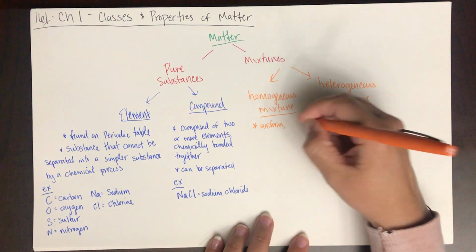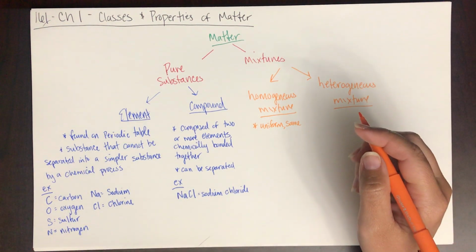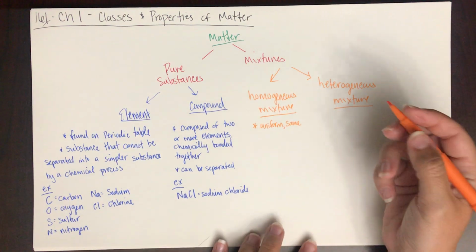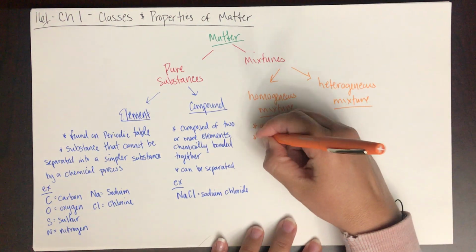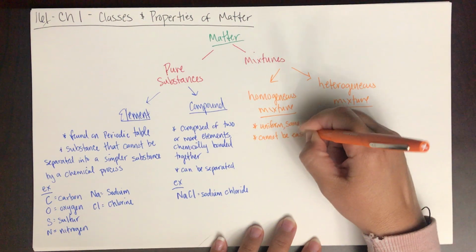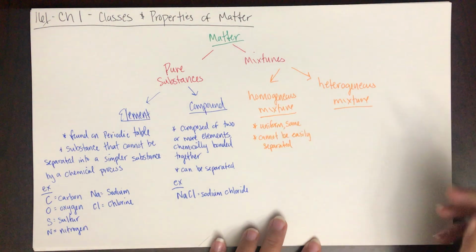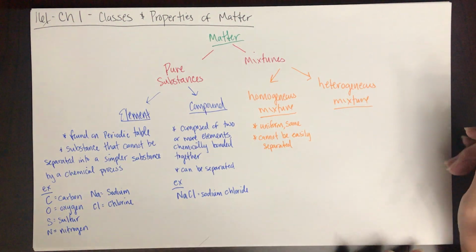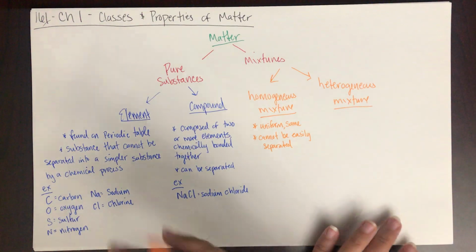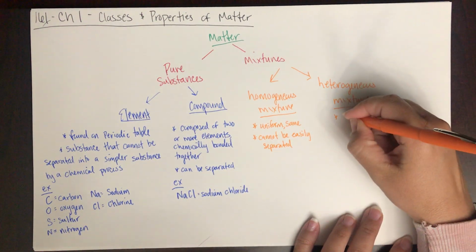Homogeneous is just another word for same, meaning that this mixture cannot be easily separated. Let's talk about a heterogeneous mixture: a heterogeneous mixture can be easily separated.